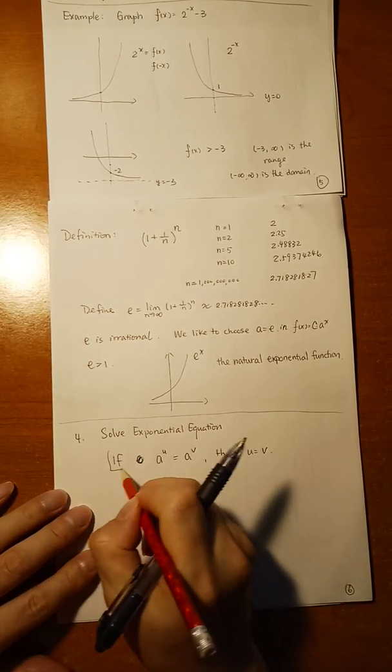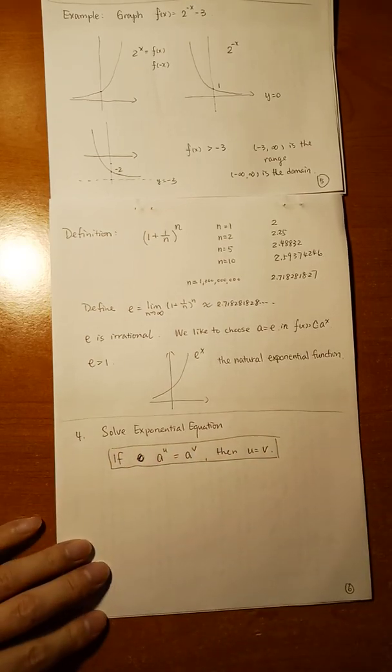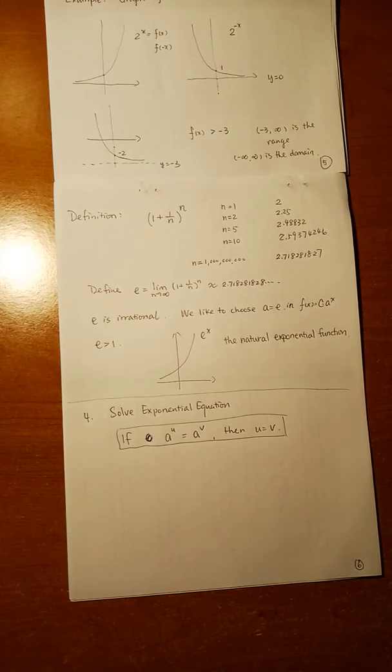This is the key. Whenever you have a to the u equal to a to the v, then u is equal to v.